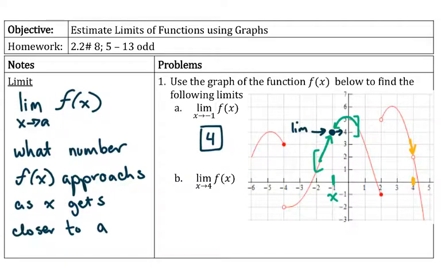F of x doesn't actually exist at x equals 4, but the limit does, because as we go closer to that point around this interval near 4, we're still ending up with a limit. And that limit is, in this case, 2. So you're just looking at what is the graph approaching? What number are we getting close to?